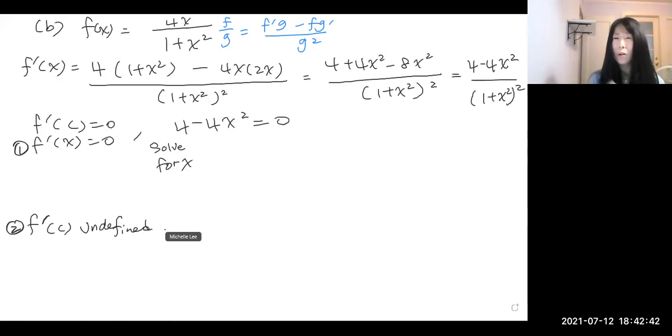Okay. So like a fraction, when we say they're undefined, the denominator equal to 0 is undefined, right? Same as here. We say that f prime is undefined when the denominator equals 0. Make sense?